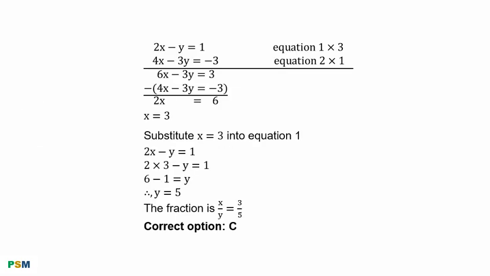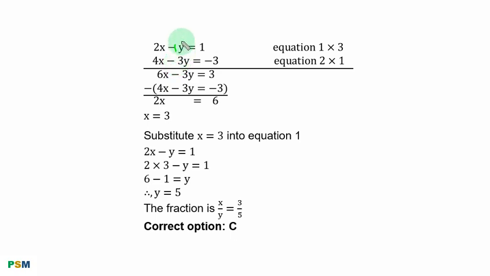The solution continues. You have both equations. I wish to eliminate variable y. To achieve that, its coefficients need to be the same in both equations. Here it is 1. You have 3 here. The LCM is 3.